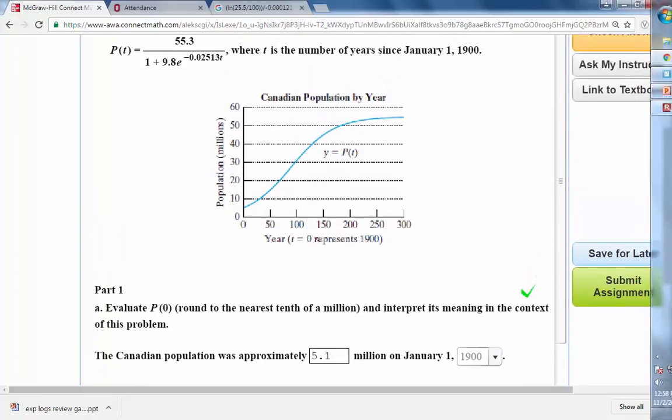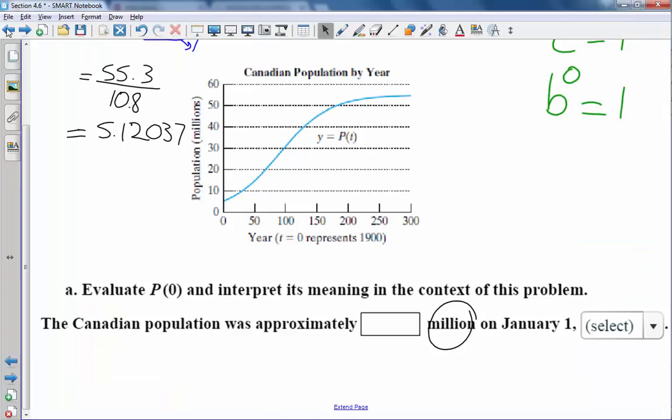Can you find 130 roughly on the picture? Yeah, 130 is about there. 35-ish, 36, 37 maybe? I can't pinpoint it, but if I use the formula over there, I can get it, right?